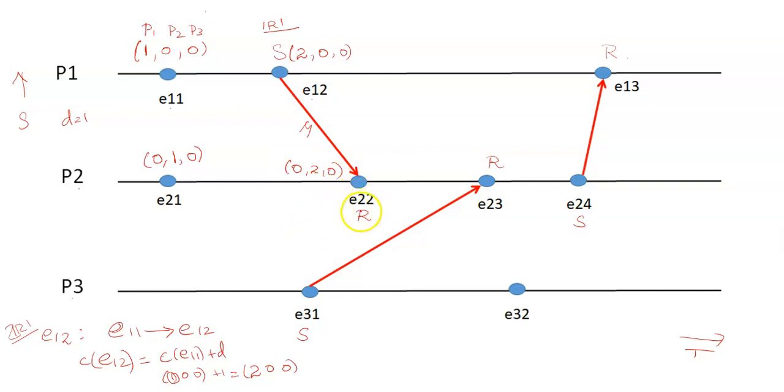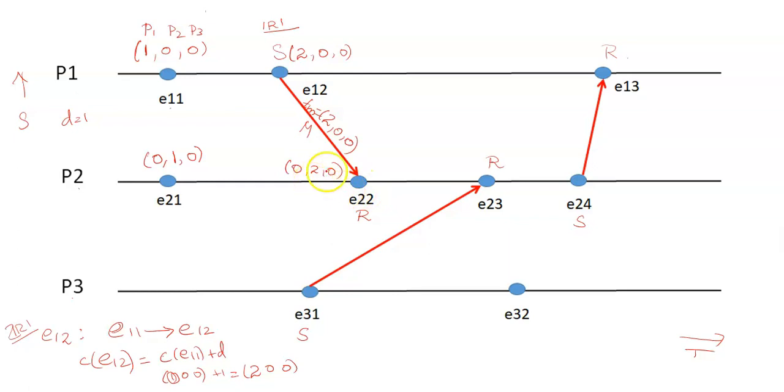But there is an incoming message. The incoming message carries the timestamp Tm, because 2, 0, 0 is the timestamp of the sending event. So Tm is equal to 2, 0, 0.